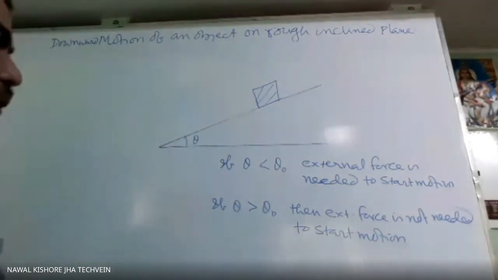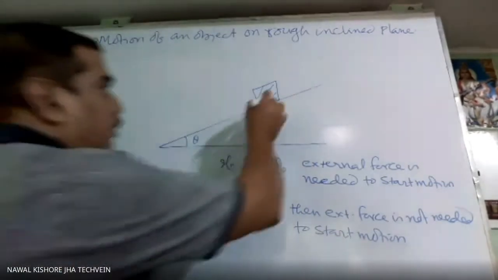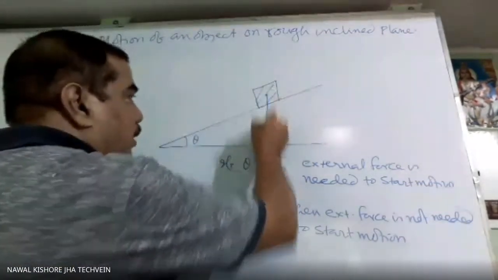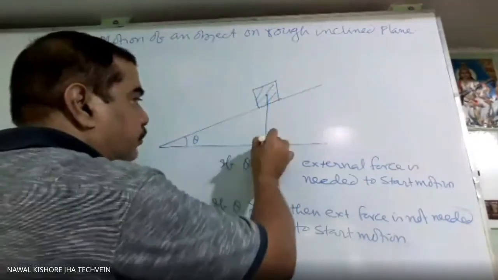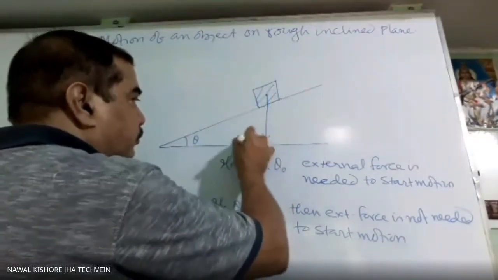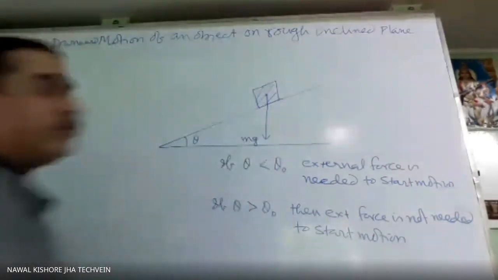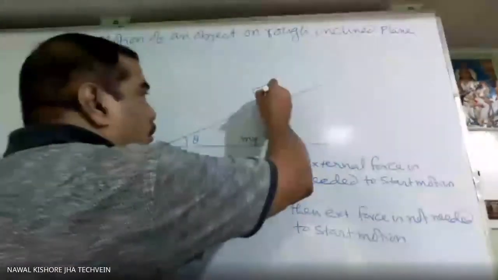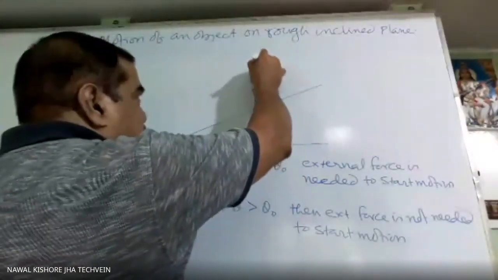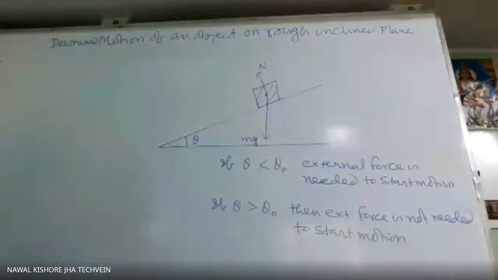So the general situation we are saying, okay, this is the case. Its weight is acting downward. Normal reaction is acting upward, that is, perpendicular to the inclined surface.